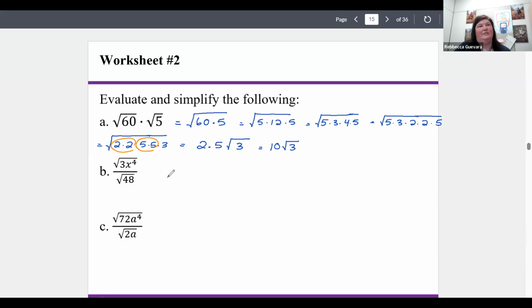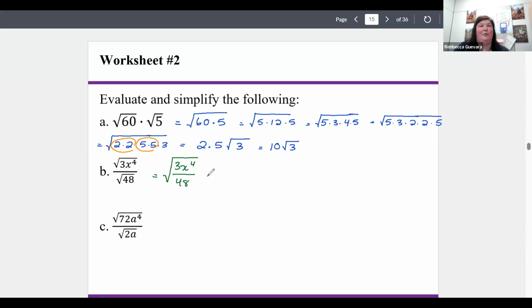Now with B, we can take that quotient and combine it under the same radical. So that would be 3x to the fourth divided by 48. So 48 is also divisible by 3. It's going to give me 16.